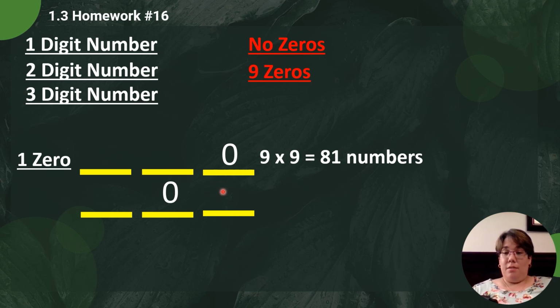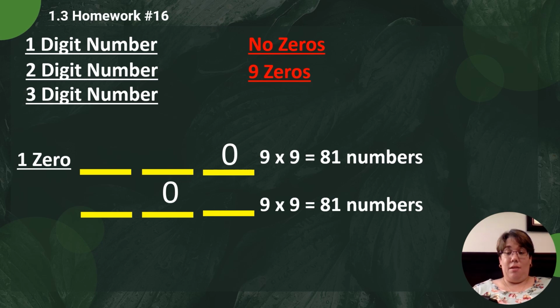So there are going to be 81 different numbers in this format that have a 0 in the middle, like 101, 102, 202, 203, and so on. There are 81 such numbers with a 0 in the middle, with 3-digit numbers.